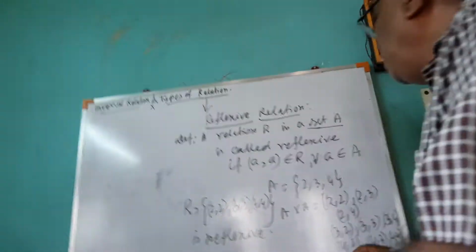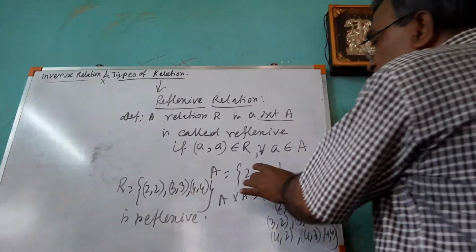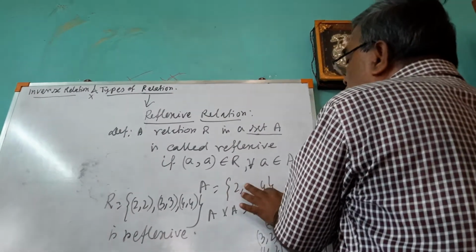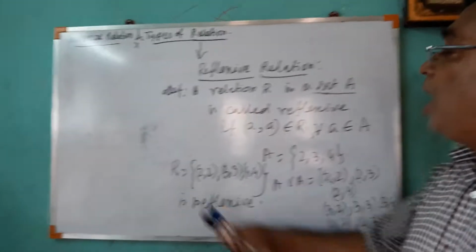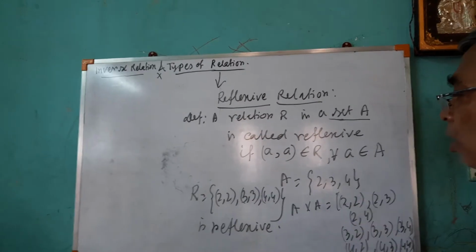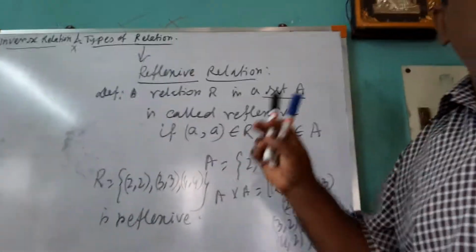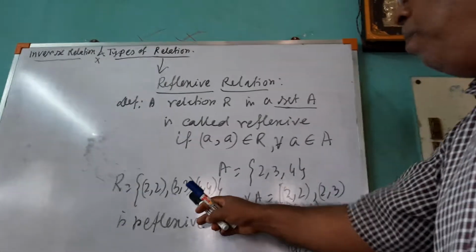Why is this reflexive? Because in set A, 2, 3, 4 are there. Now relation R should contain (2,2), (3,3), (4,4). So this is reflexive.